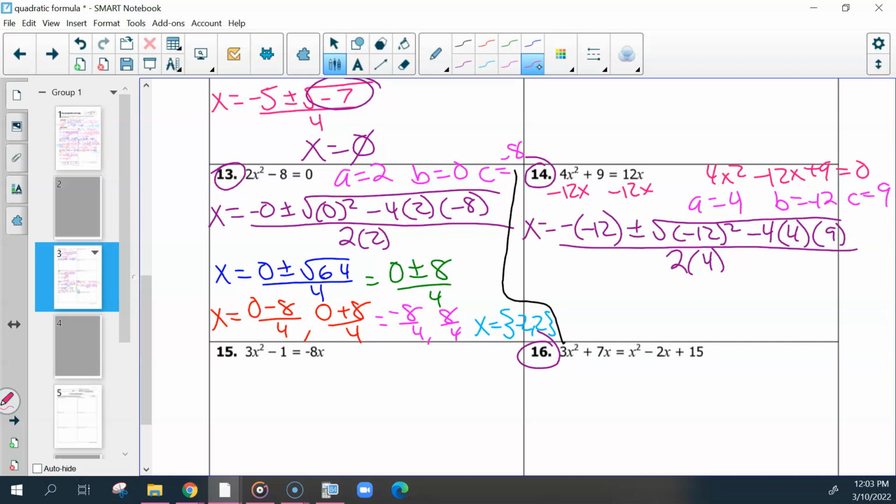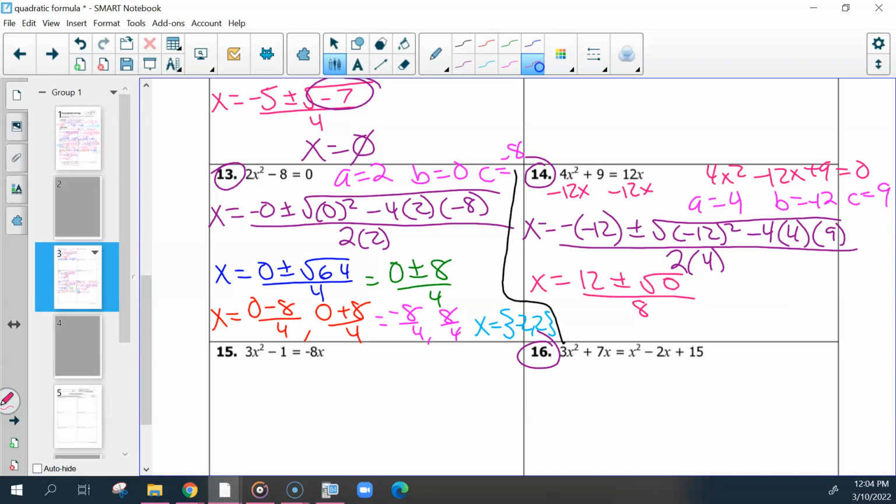It should be a positive number. 0. Should be 0. So x equals 12 plus or minus the square root of 0 over 8. What is the square root of 0? 0.